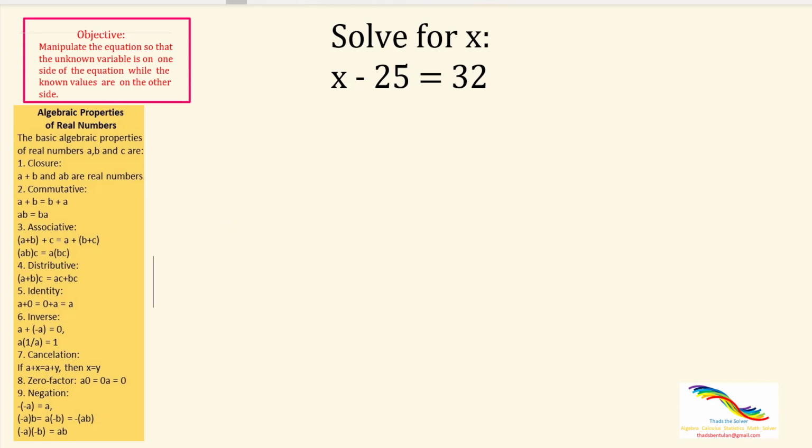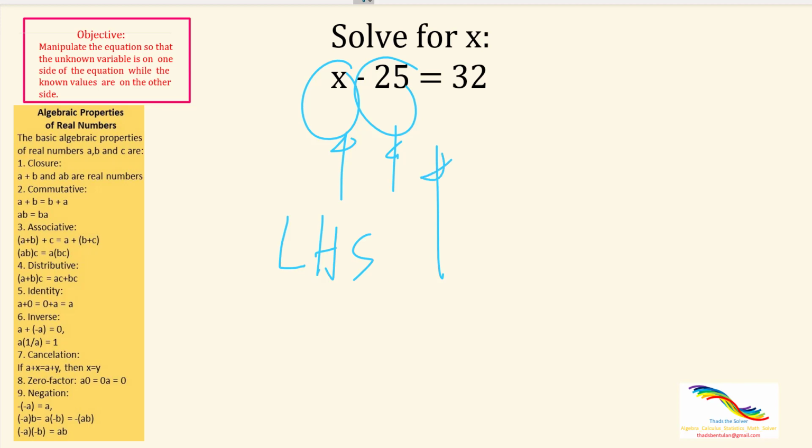Okay, our objective is to isolate x here. That means we have to eliminate this 25. That's actually a minus 25. In order for us to do that, if we need to do something on the left-hand side of the equation, you must do exactly the same thing on the right-hand side of the equation to maintain the balance.